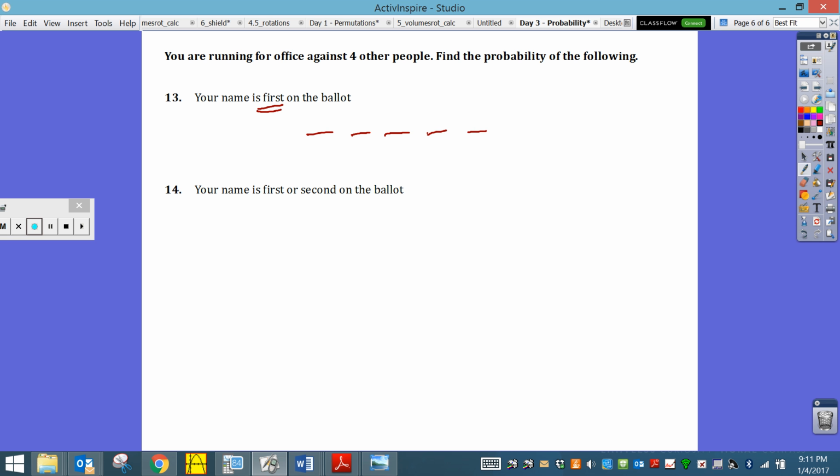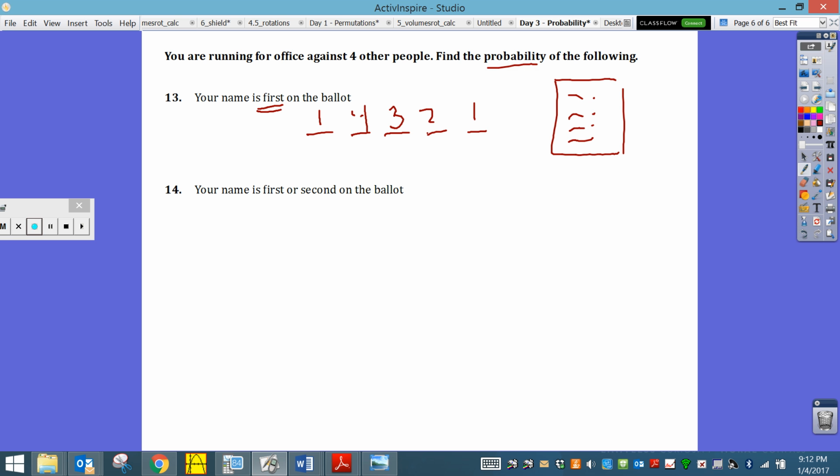I want my name to come first on the ballot. So this is just talking about the order in which, when we have our ballot, whose name is written where. Okay, what's the probability that my name comes first? Well, there's 1, and then the rest doesn't matter to me. I don't care. So there's the 4 other people, then 3, and then 2, then 1.